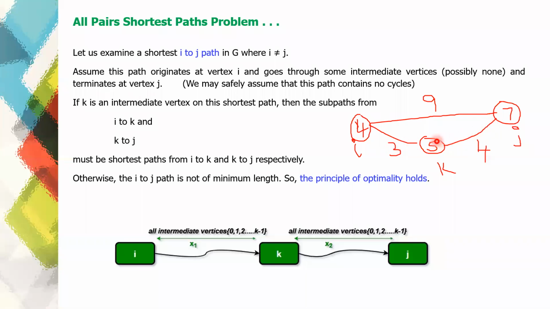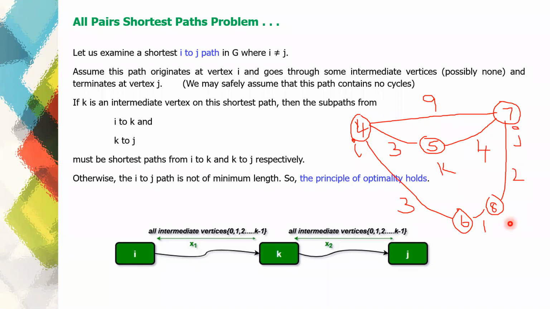So as such, there are two paths now. There may be another path where there is more than one intermediate edge, and the cost of this path may be still less.